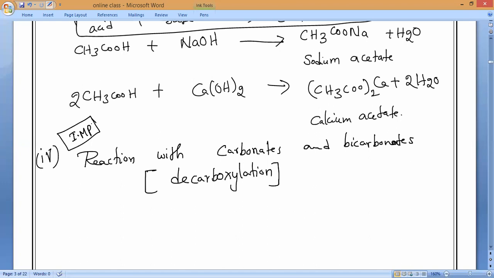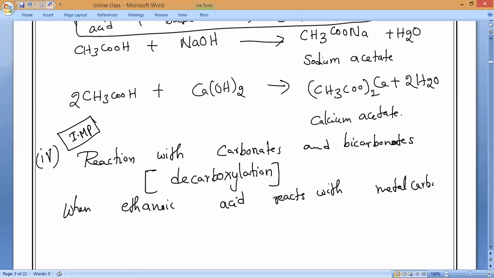When ethanoic acid, or any organic acid, reacts with the metal carbonates and bicarbonates, then it briskly effervesces.